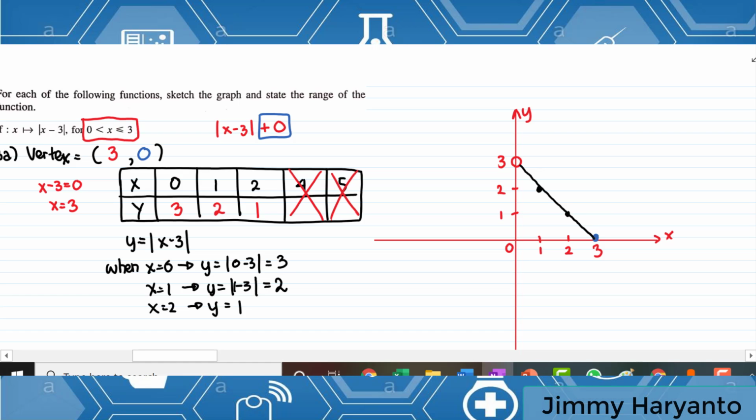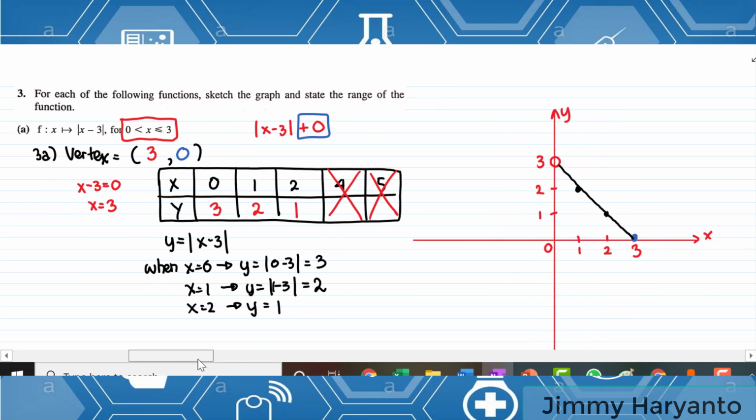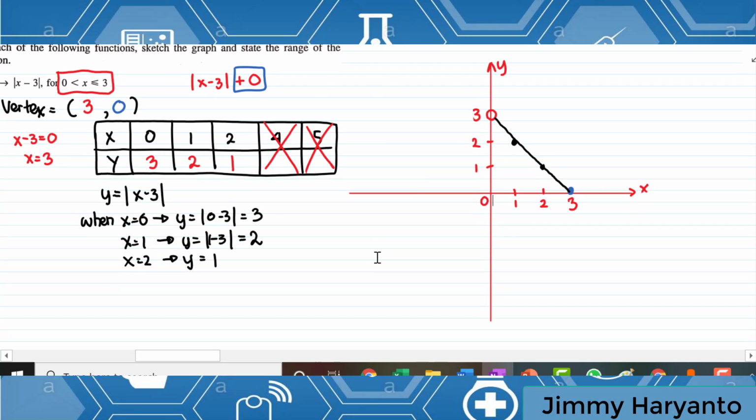Okay, and then the question also wants us to find the range of the function. Remember, the range is the set of values of y. Yeah, the range equals, take a look at the graph. The graph starts from 0 for the bottom part. Yeah, the bottom part will be 0 right here, and then the upper part will be 3.